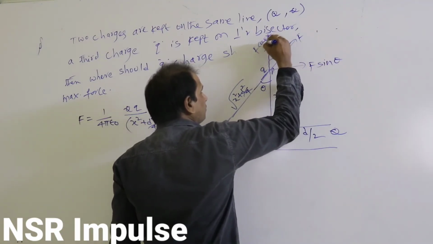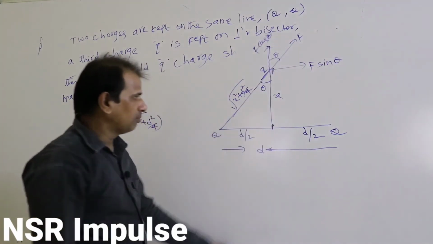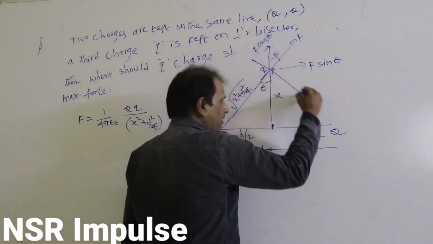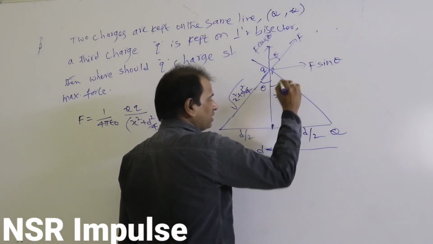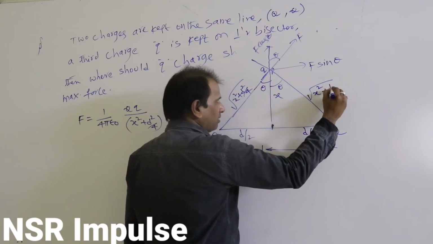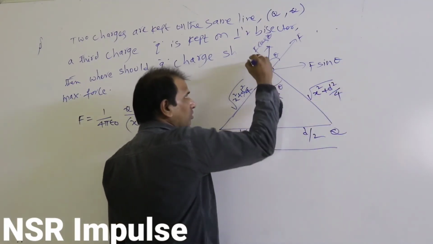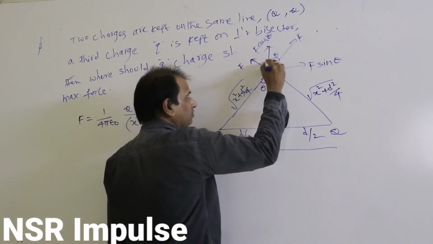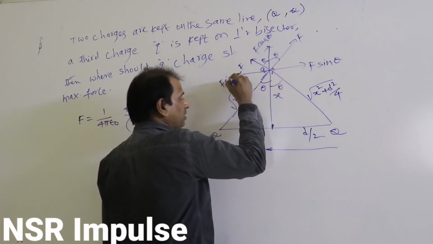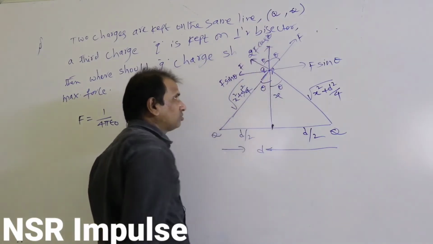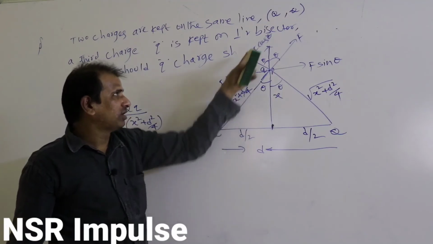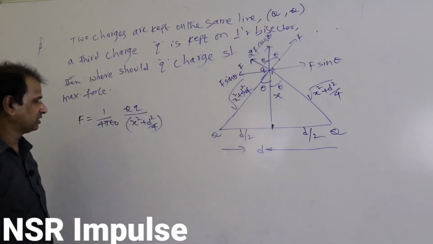Between these two, again the force will be like this. This angle also you can take theta. What is this distance? x square plus d square by 4. This is also F. This can be F cos theta, and this is F sin theta. It becomes 2F cos theta. F sin theta gets cancelled. What is left over? 2F cos theta.